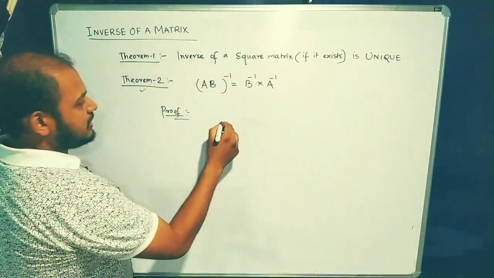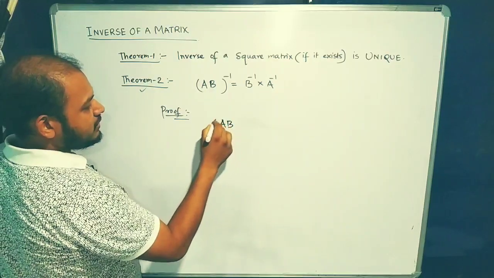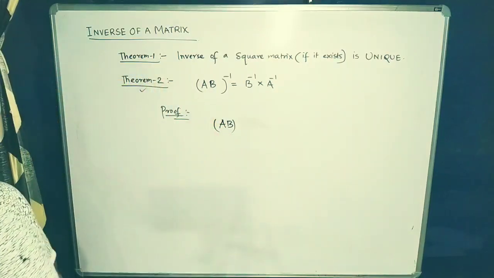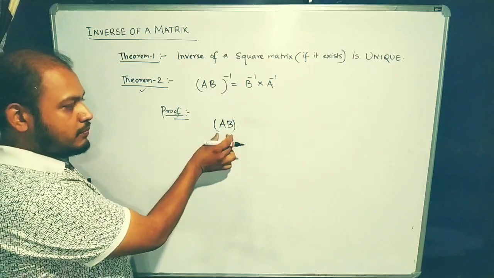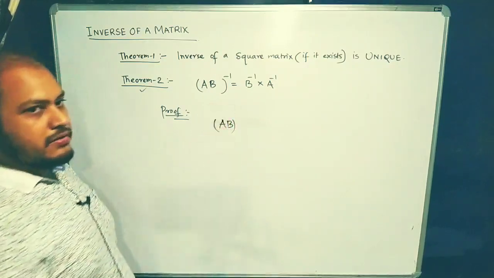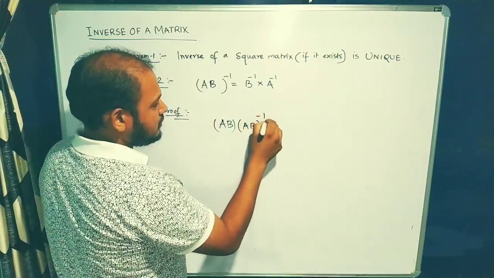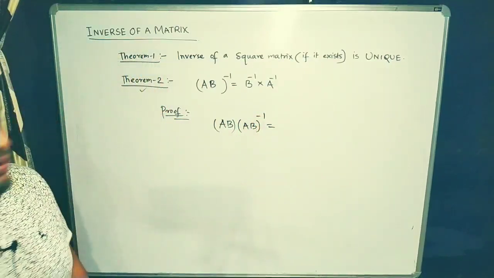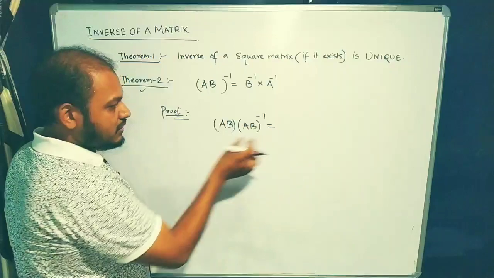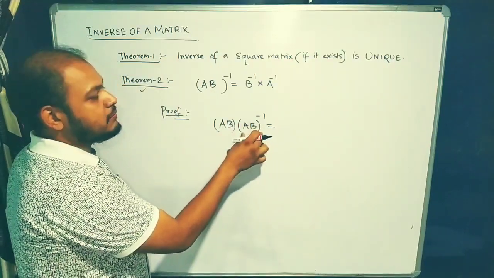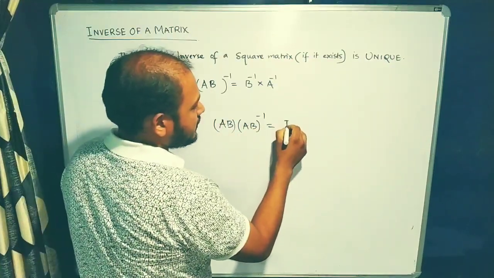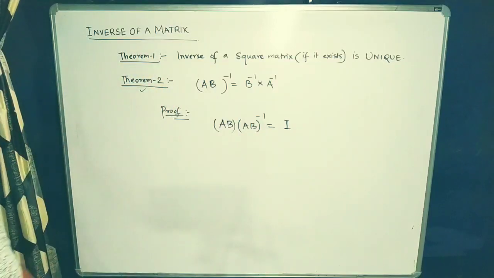Similarly, let us say we have a matrix AB, the product of A and B, a new matrix, and you multiply this matrix with its inverse. Remember, any matrix multiplied by its inverse is equal to the identity matrix.